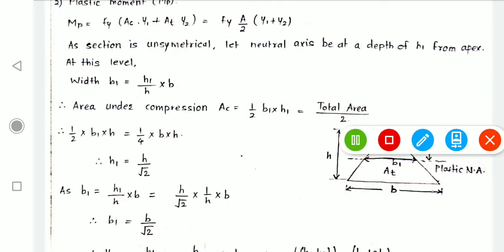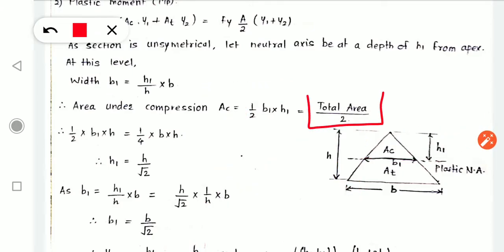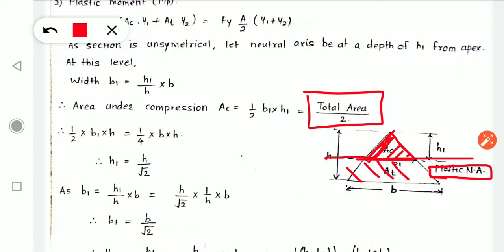Therefore, that's the area under compression. Now, I am equating it with the total area divided by 2, because as I said, we are assuming this plastic neutral axis is cutting our section into two equal areas. So this area and this bottom area divided by the plastic neutral axis are taken as equal in area.